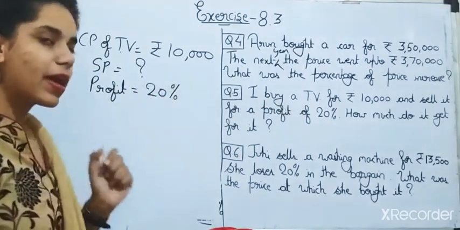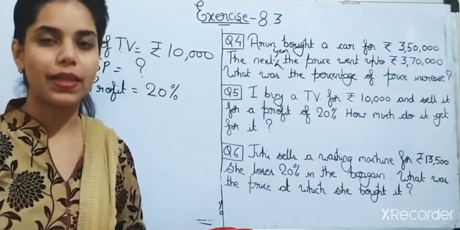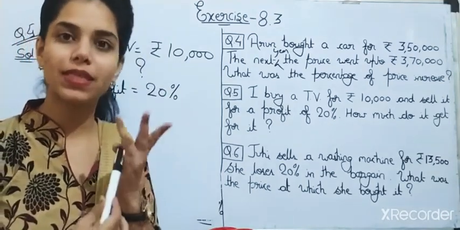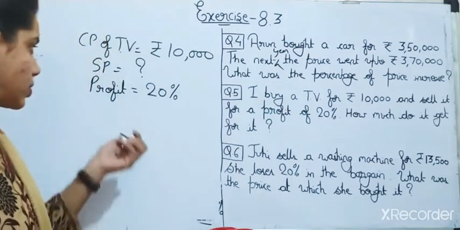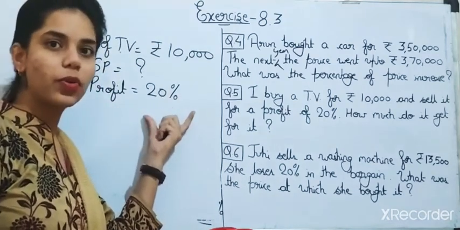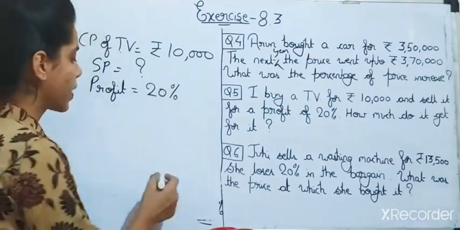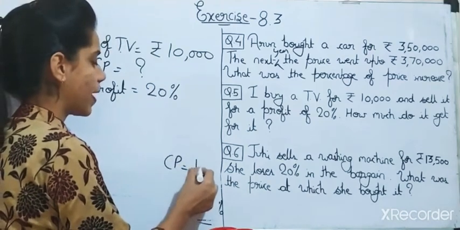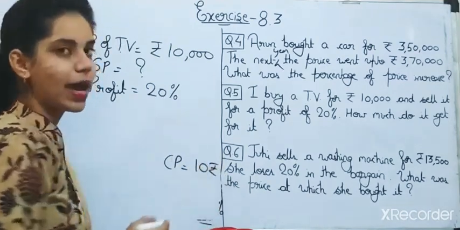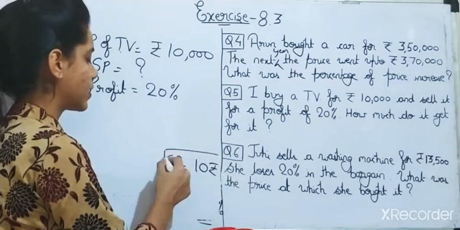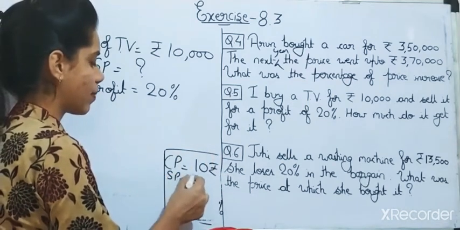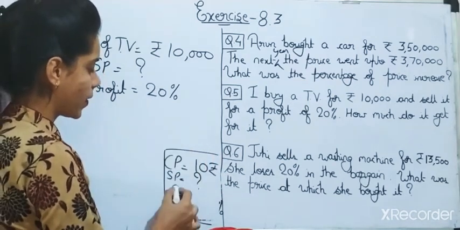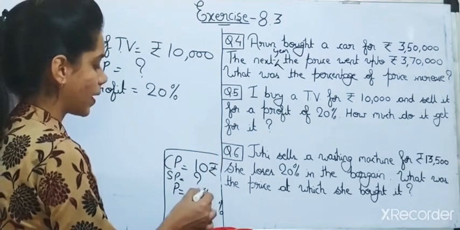Now, if I give you an example that I purchased a pen for rupees 10 and I sold it for 2% profit, suppose. Cost price of the pen is 10 rupees, the selling price is not given, and the profit percent is given, 2%.